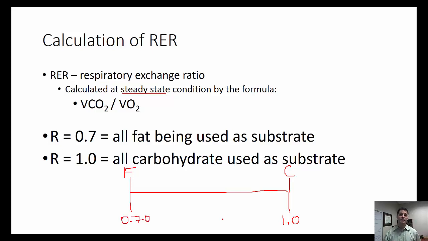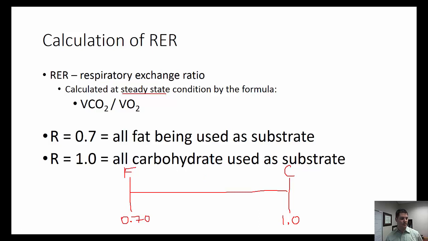So at no point, as we walk through the lecture, should you give me a value that is anywhere outside of this range. So only give me 0.7 or 1 and somewhere in between. Never outside of that. We cannot have respiratory exchange ratios different than 0.7 or 1. Always sandwiched in between.